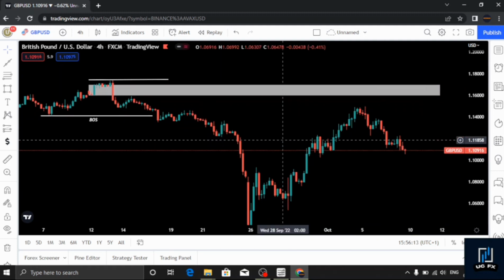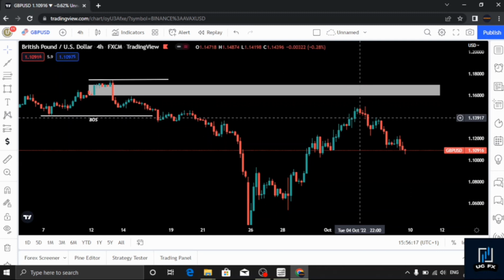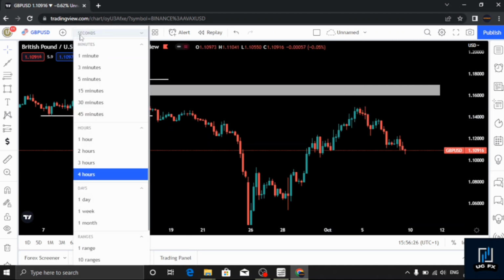So let's go down to the lower time frame because price is now at a discount level where we want it to be, where we actually want to get interested. Let's go down to the H1 time frame to spot the H1 order block, break of structure, and a return to the H1 order block.